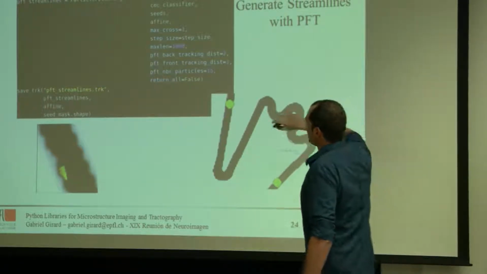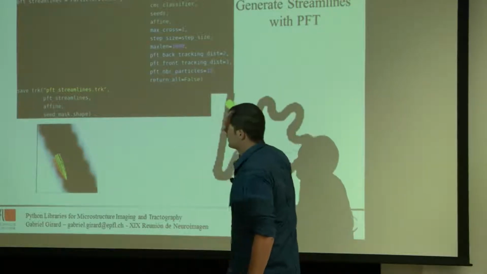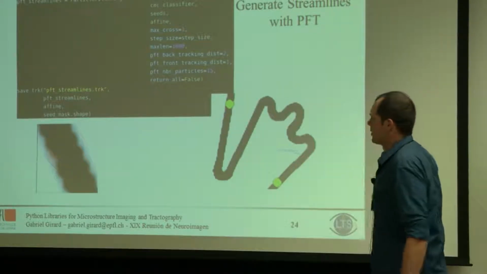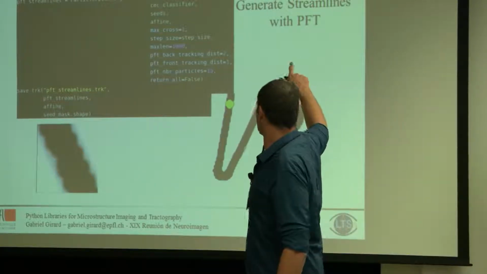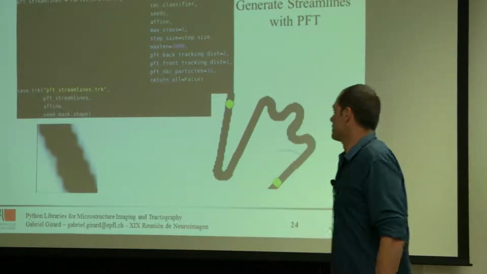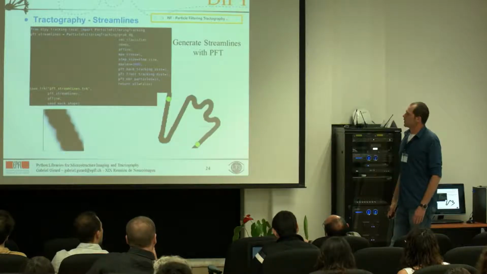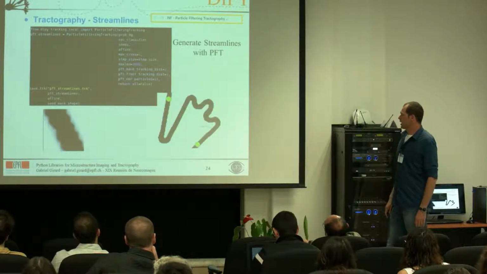So you control everything here, and then you can run it in a very similar way. And this is not in the DIPy master branch yet. The code is to be reviewed and put in soon, I guess.